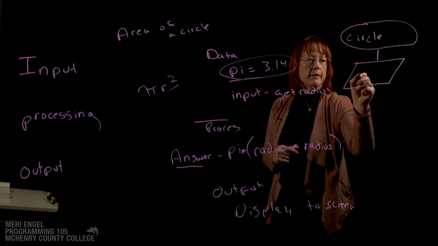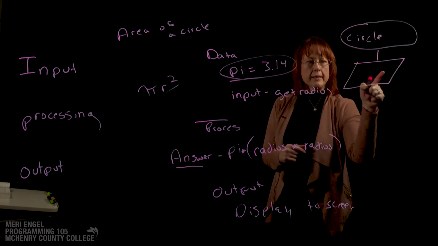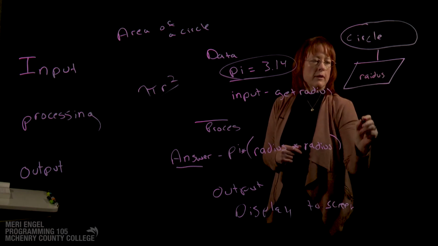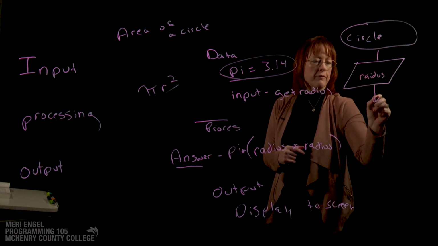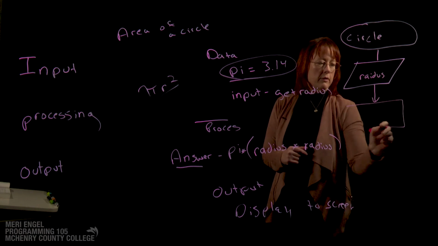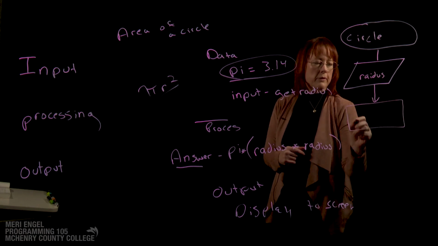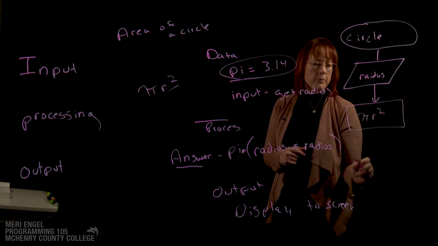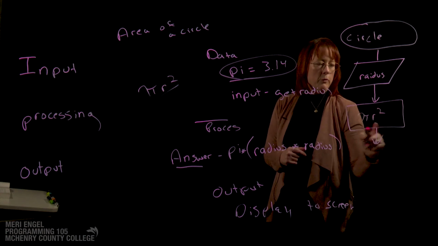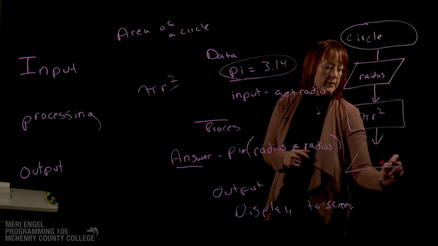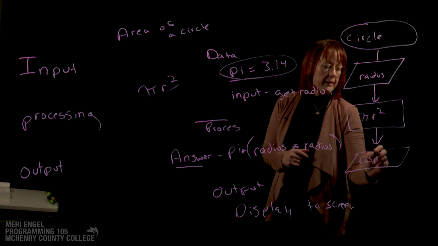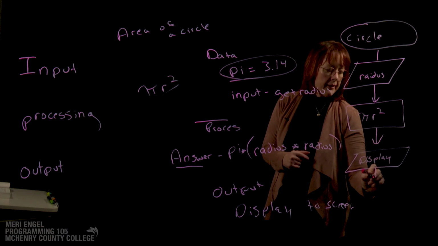We don't need to say get because the shape indicates that. So it would be radius. We'd do our calculations, our function, which is a rectangle: pi r squared, or we could represent that with the variable name. We would represent doing output, which we'll put on the display, and then we would indicate the end of the program.